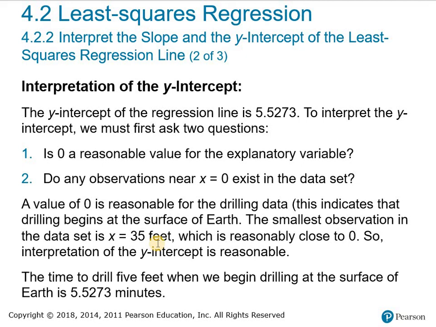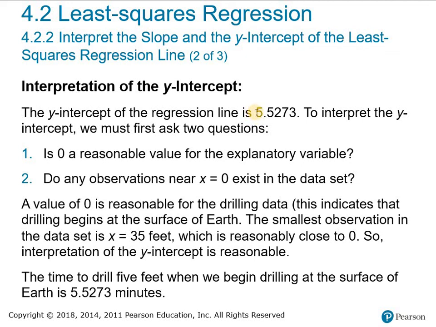So how do we interpret the y-intercept? The y-intercept in this context is the time it takes to drill 5 feet from a certain point. And when we interpret the y-intercept, it just means that we plug in x equal to 0, as if we start drilling at the surface of the earth. So how many minutes do we expect that to take?